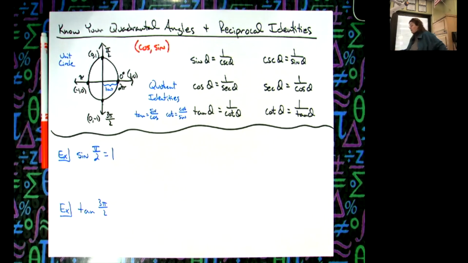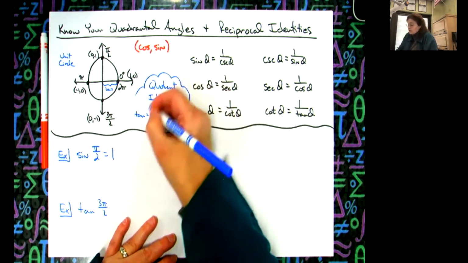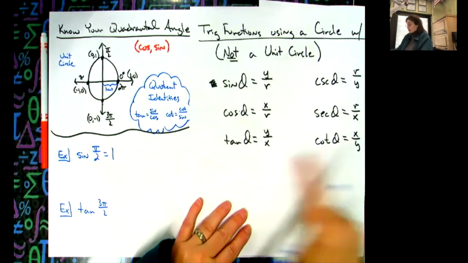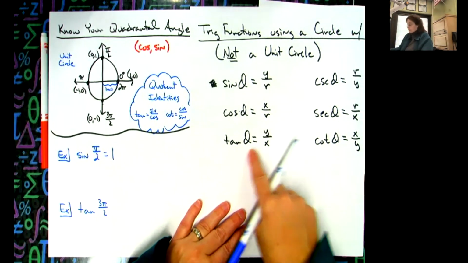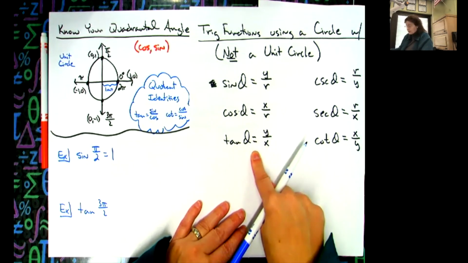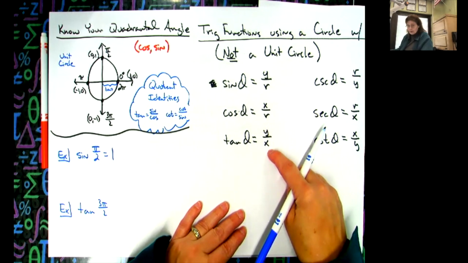Now again, it's not like you have to memorize new stuff here. If you are starting to piece this together, let's go back and look at this. It doesn't matter whether it's a unit circle or not. We've already defined tangent as y over x. You have that memorized.